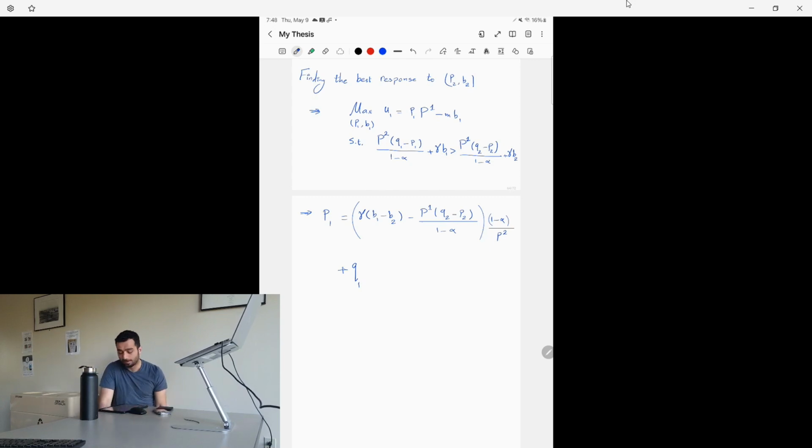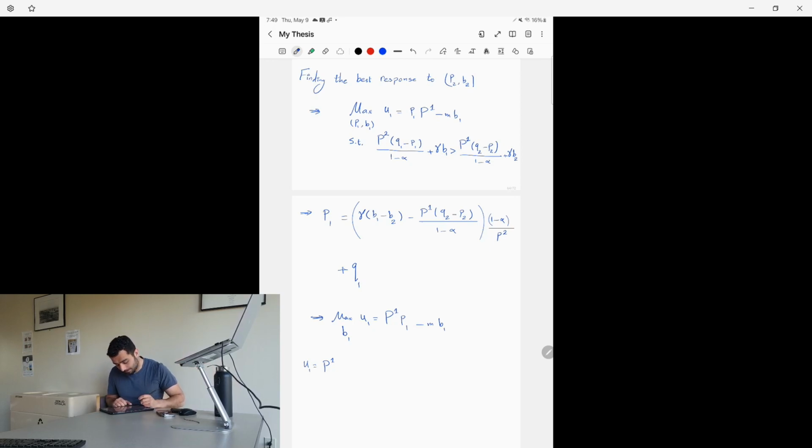Once we set P1 as this, what will happen? We want to maximize U1, max on B1. U1 equals P1 minus M B1. Sorry, I have to talk to you, I forget.